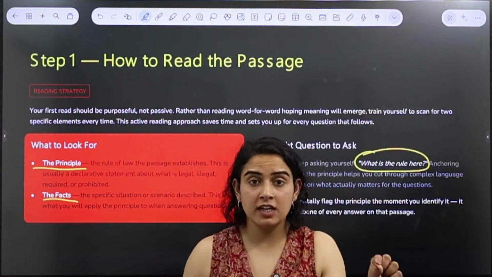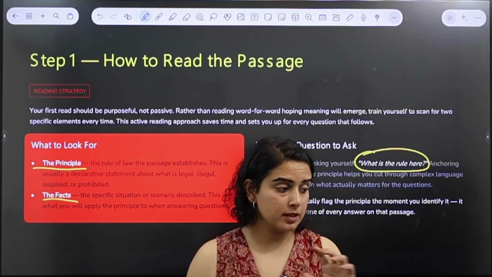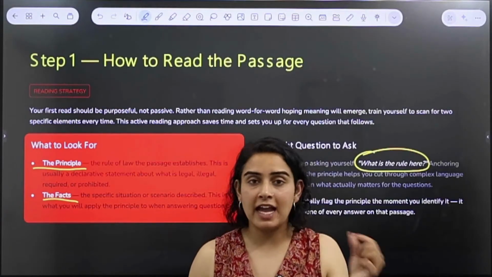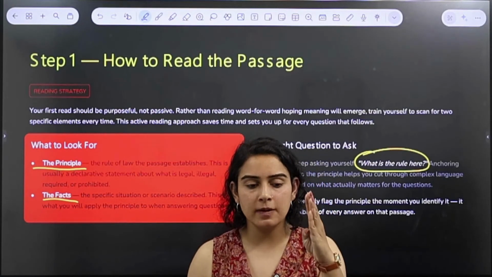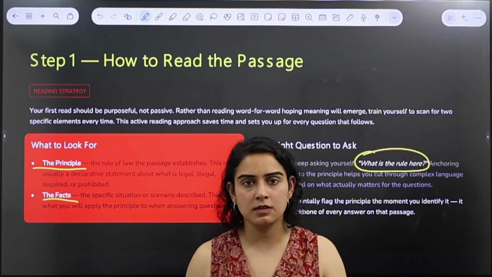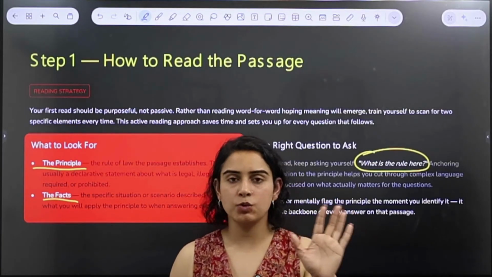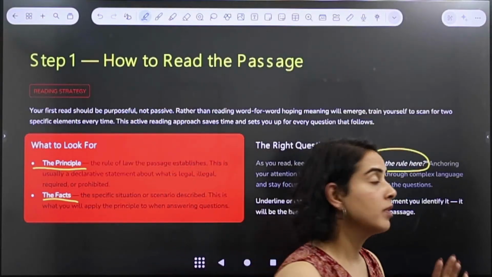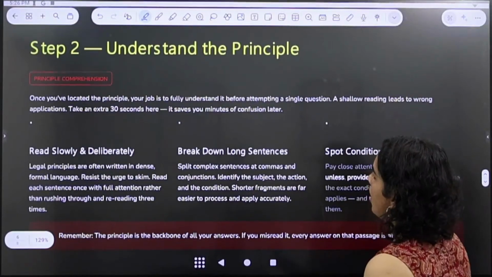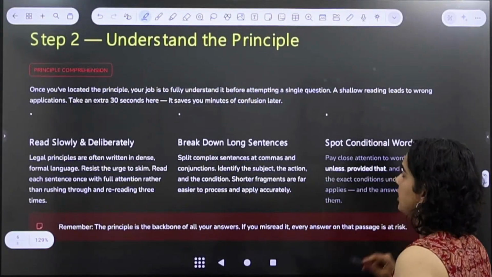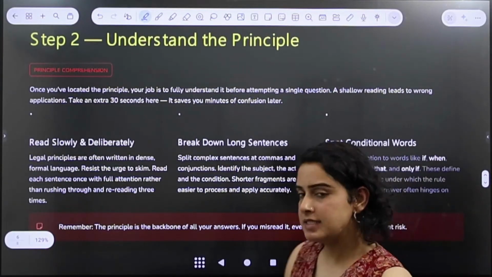Once you've identified it, just underline it, flag it mentally, and keep this in mind that till every question of this passage is answered, this is something which I only have to keep my focus on, and all the questions have to be answered based on that. Okay.